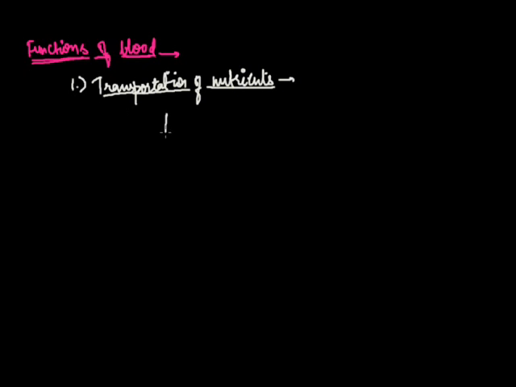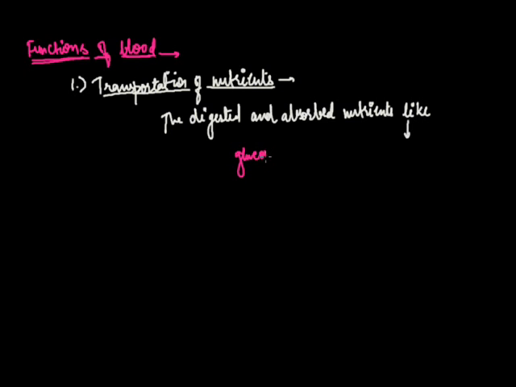So we can say the digested and absorbed nutrients like glucose, amino acids, fatty acids, etc. are transported to the liver and then to all the tissues for their storage, oxidation and synthesis.